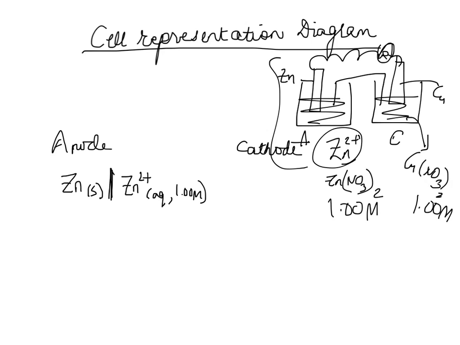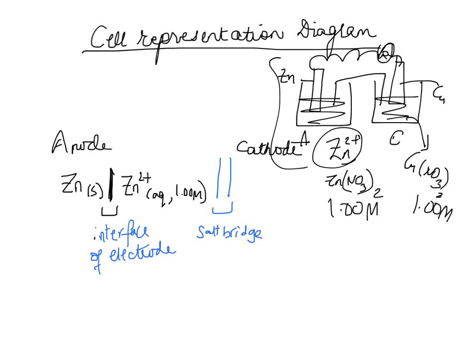Notice this one single line, which essentially signifies the interface of the electrode. We then put a double line, and that signifies the salt bridge.